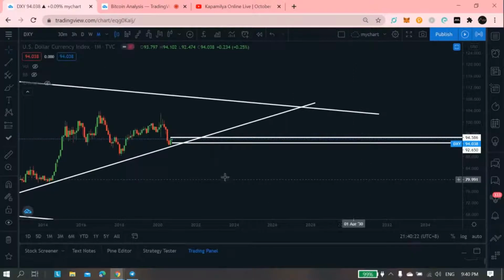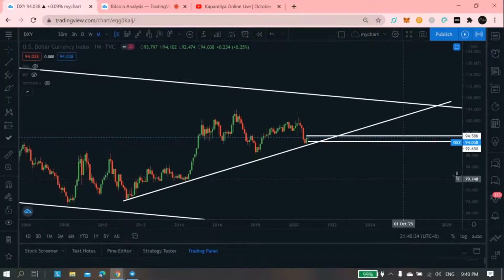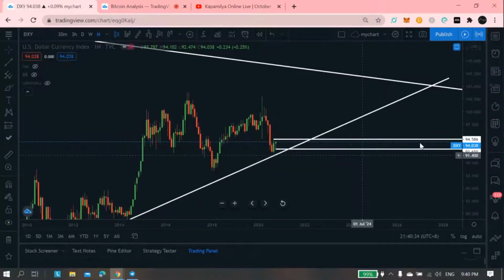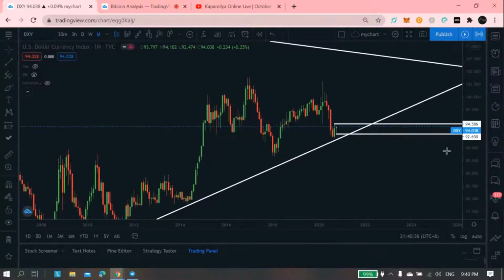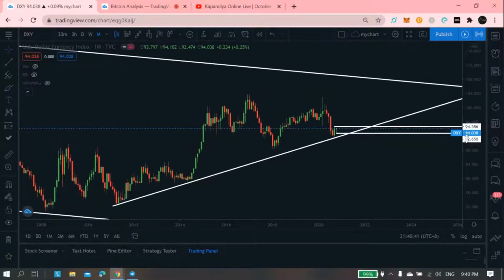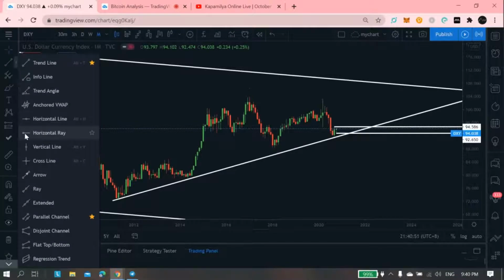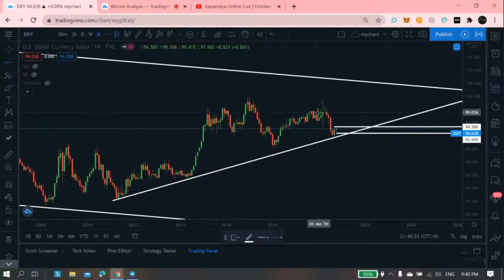Is the market closed already? Market close. Anyway, if you look at the monthly chart, you can see that this is more bullish. So possibly it could retest this area on a longer time frame, that one around the 99 area.